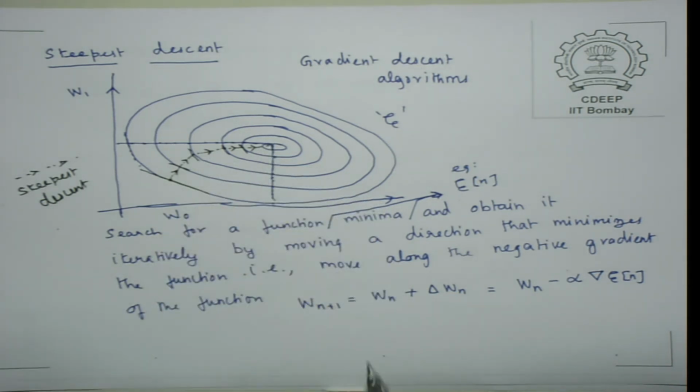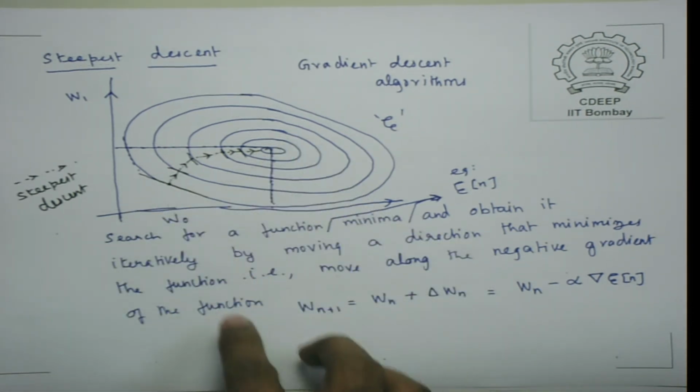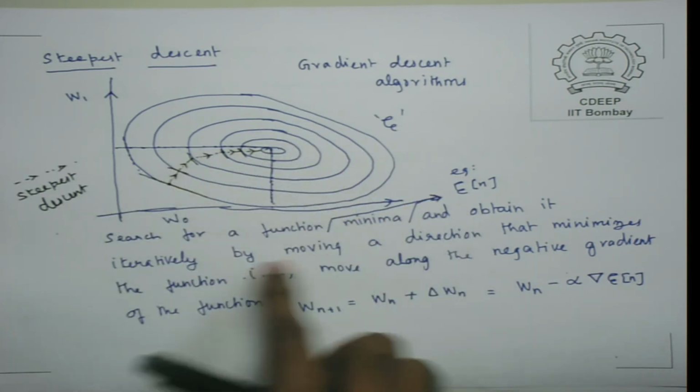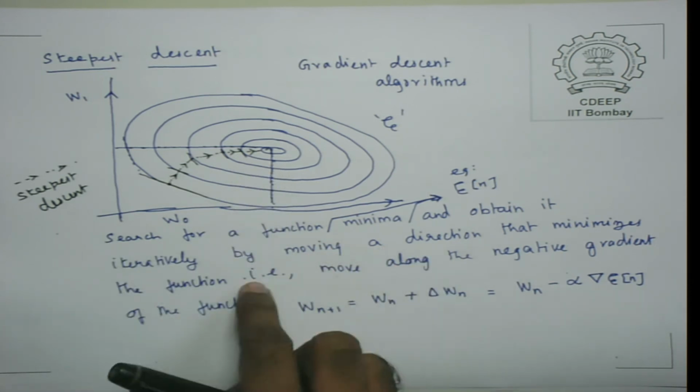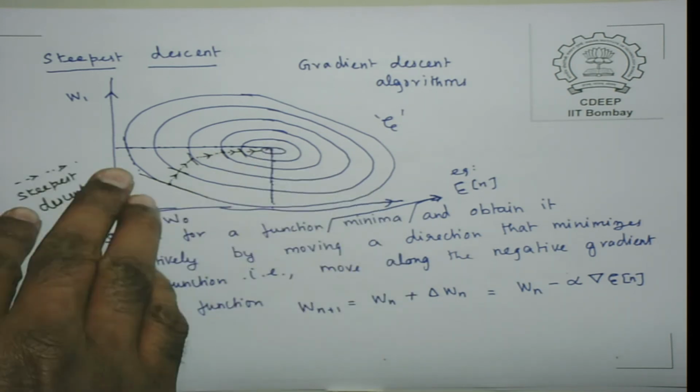That is essentially what we want to do: rather than getting to this point directly, can we search for the minimum, the point which minimizes this function, in an iterative way by moving in the direction of the negative of the gradient.